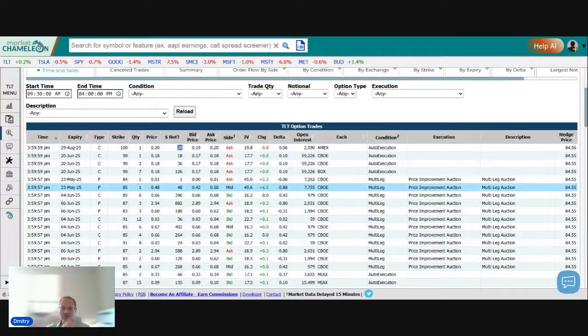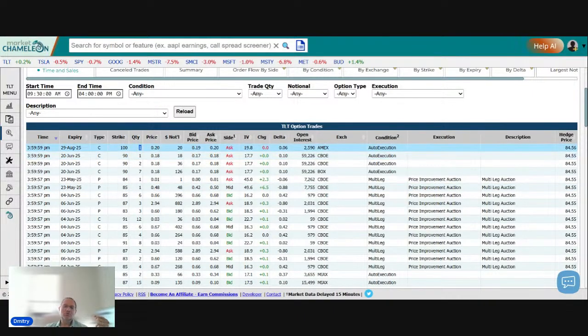This is a simple analytic, but it tells you the dollar value of the trade. And it's easier then to sort or arrange or filter by, because the dollar value of the trade, you could have one contract, you could see that was $20.